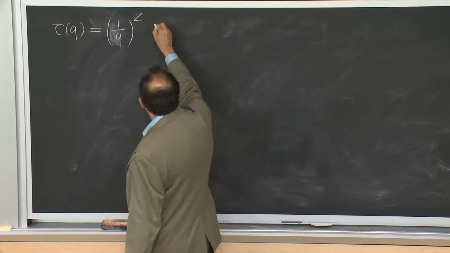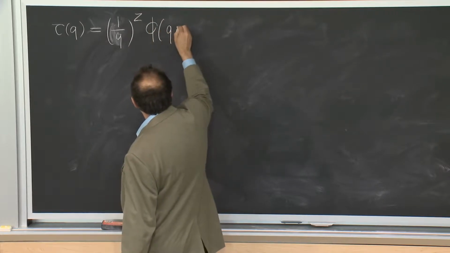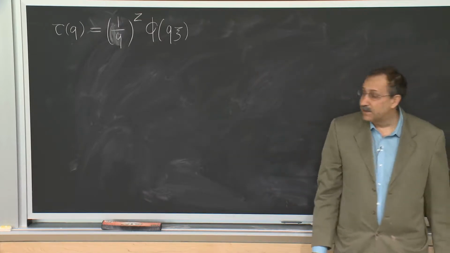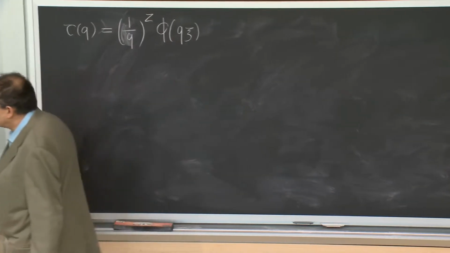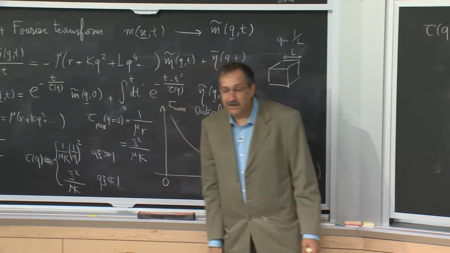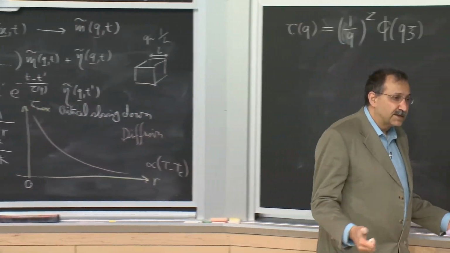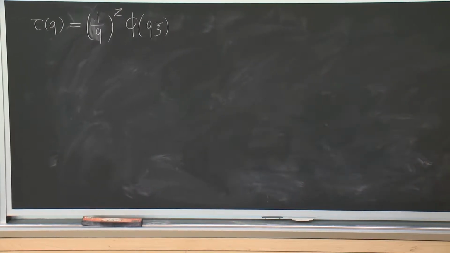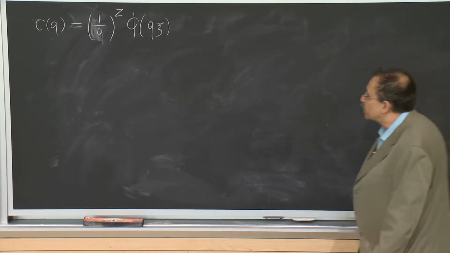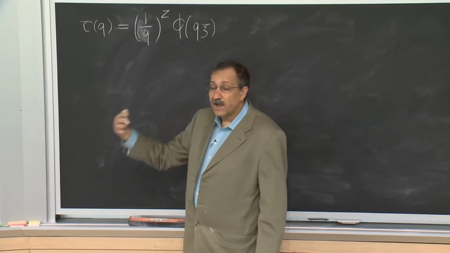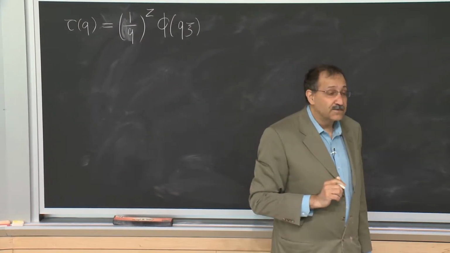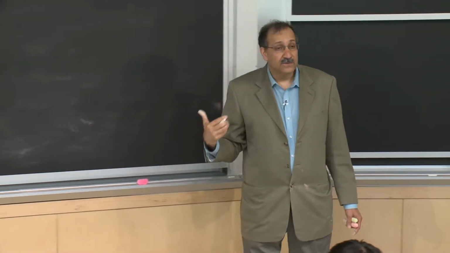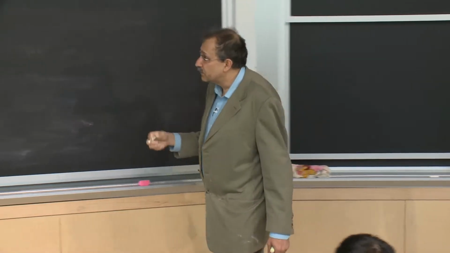And then there is some function of the product of the wavelength you are looking at and the correlation length, so that you will cross over from one behavior to another behavior as you are looking at length scales that are smaller than the correlation length or larger than the correlation length. And to get what this exponent z is, you have to do a study of the nonlinear model, in the same sense that in order to get the correction to the exponent mu, we had to do epsilon expansion.